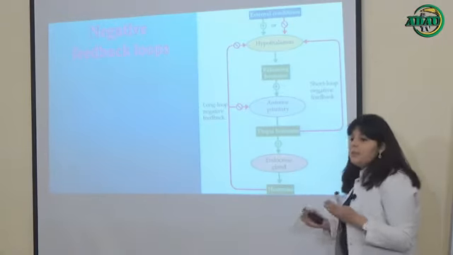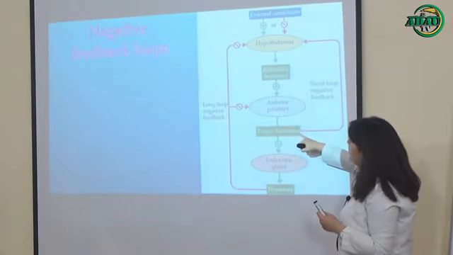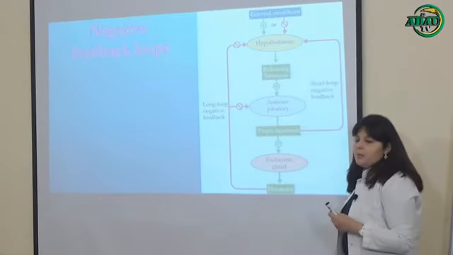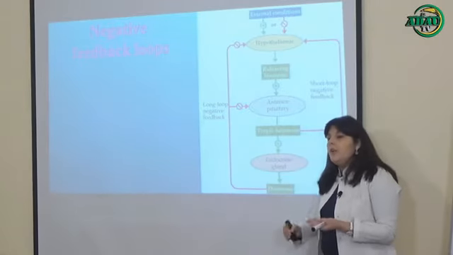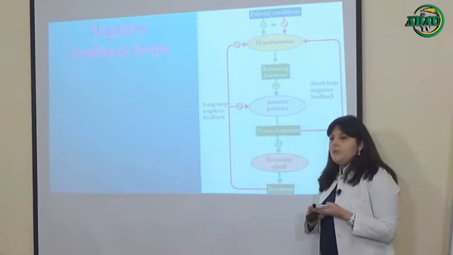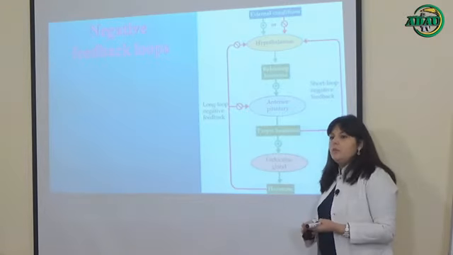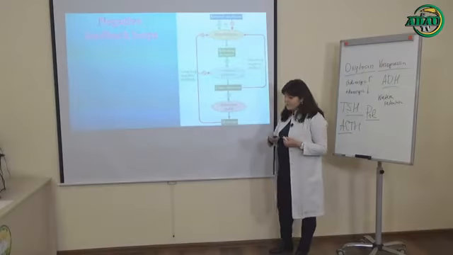There can also be short negative feedback, when the tropic hormone sends signals to the hypothalamus. Negative feedback is very important to regulate the balance of the hormones in the animal body, to provide the balance of releasing hormones, of tropic hormones, as well as the hormones of the endocrine glands.